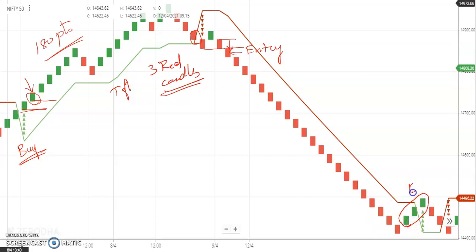Here we got a green candle, we got the exit. Stop loss has been hit. If you see here, we got 300 points. Sorry, it's actually more than that. From close to 850 to where we exited around 500, so close to 350 points on a 5-minute chart using this strategy.